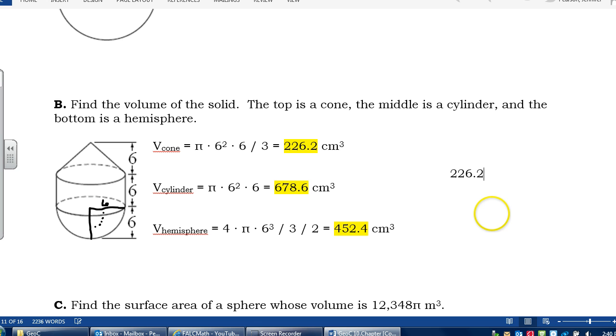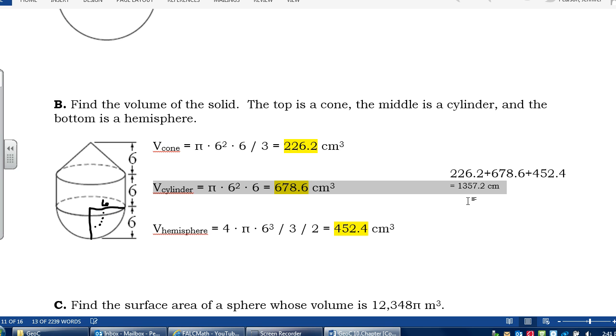So 226.2 plus 678.6 plus 452.4 equals 1,357.2 cubic centimeters.